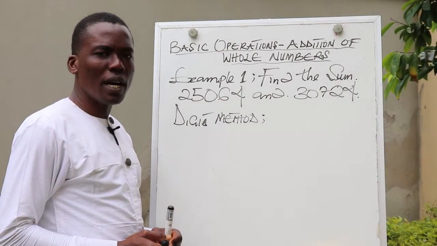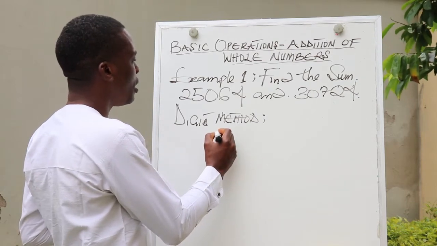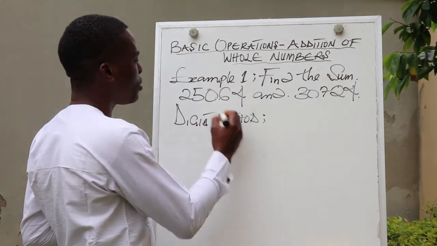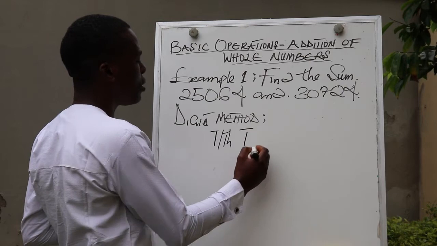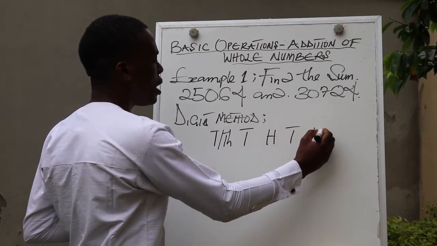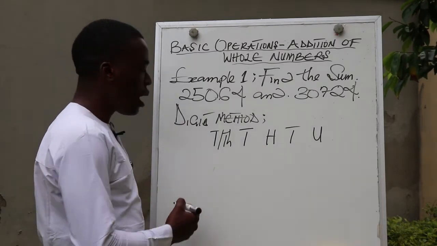And what do we mean by writing them in their various place values? We have the thousands of thousands, that is the ten thousands, we have the thousands, we have the hundreds, we have the tens, and we have the what? Units. So we'll arrange them exactly how they should be.